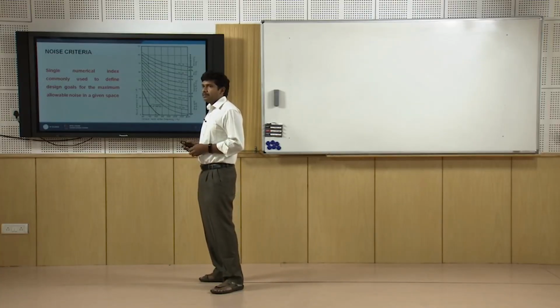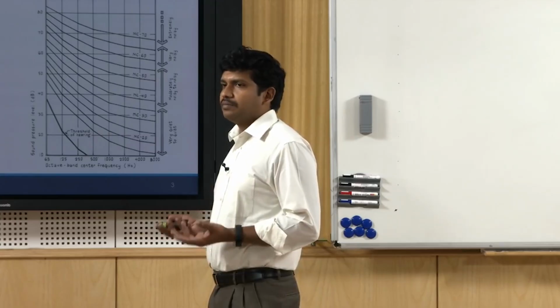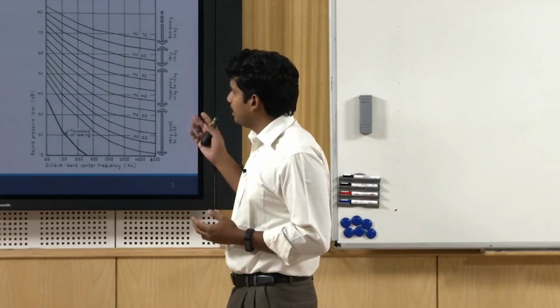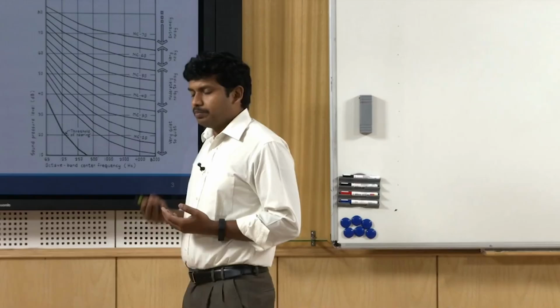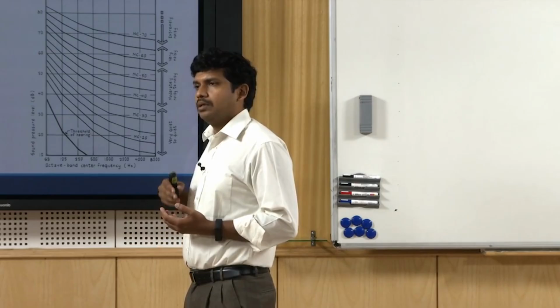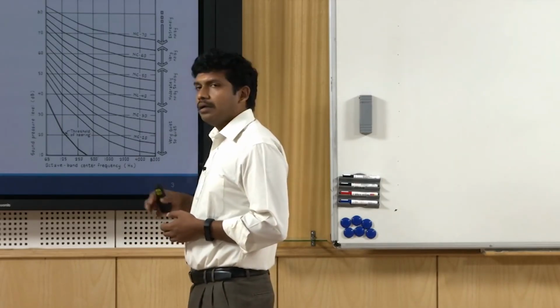Many of the standards define NC 30, NC 40, NC 45. A common indicator that you would find in most of the standards internationally, you will find this name NC 30, 40. These things will be given, and depending upon the type of space, what activity happens there and what acoustic quality is required, this noise criteria varies.